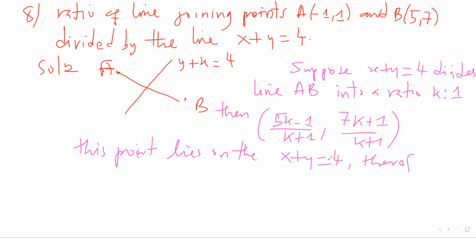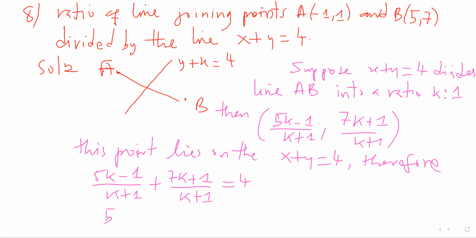Therefore, we can write 5k minus 1 over k plus 1 plus 7k plus 1 over k plus 1 is equal to 4.